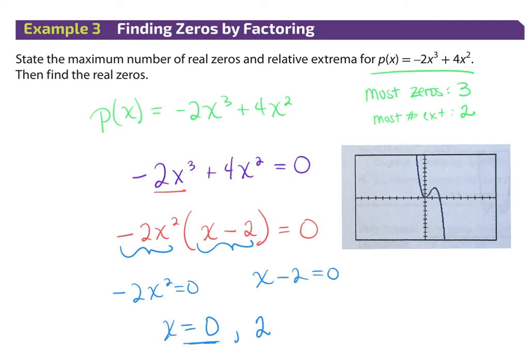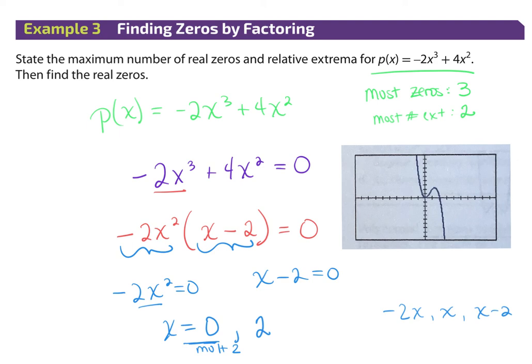We have something that we need to look at called multiplicity. You may recall this from last year. This was x squared. So technically, that is a 0 with a multiplicity of 2. Technically, if I were to factor this in simplest form, I would get negative 2, x, x, and x minus 2 as my factors.